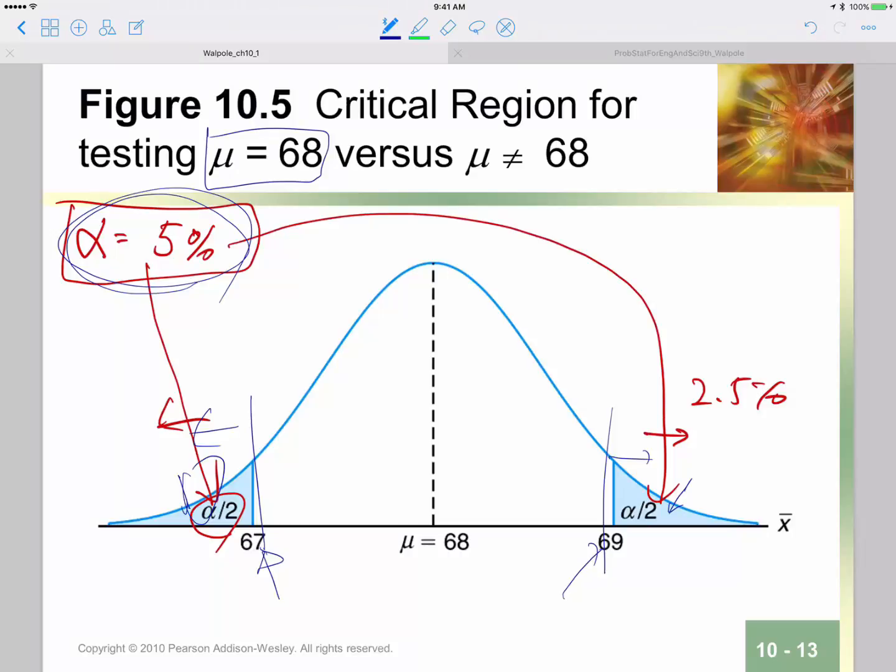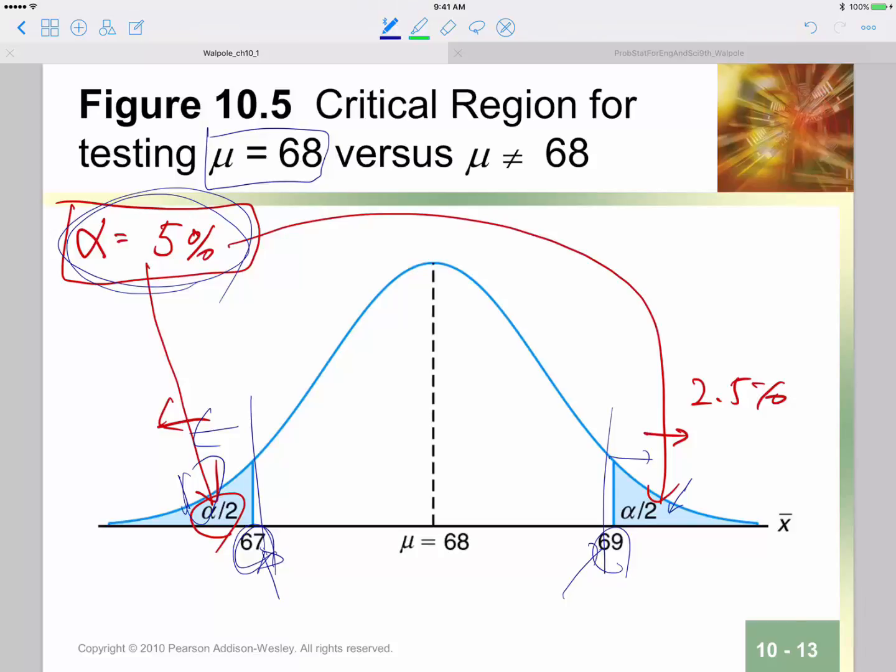So this is definitely a two-sided test. And these values, 69 or 67, are determined based on the specific value of alpha, right?